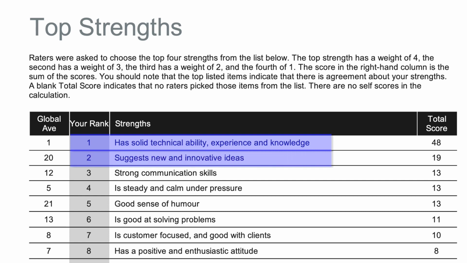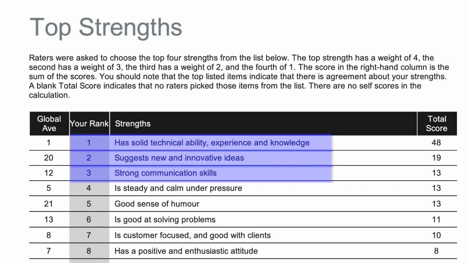Suggests new and innovative ideas is actually rated 2, but the global benchmark for that item is actually 20. So he looks different to other people in the worksite, in that he's quite innovative. Hence the reason why potentially his stakeholders gave him more positive responses.